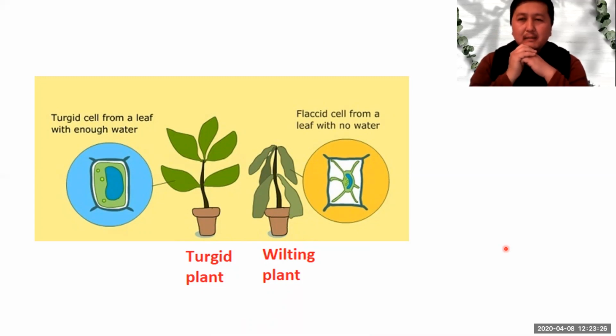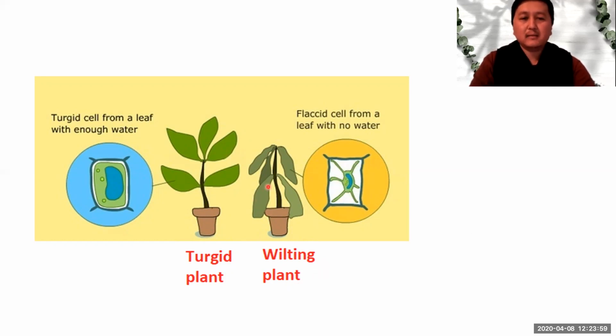But if more evaporation occurs, what will happen? Now, at this time, the roots maybe cannot supply enough water for the organs of the plant, and at this time the plant loses more water, and their cells become flaccid, and it causes a wilting plant.